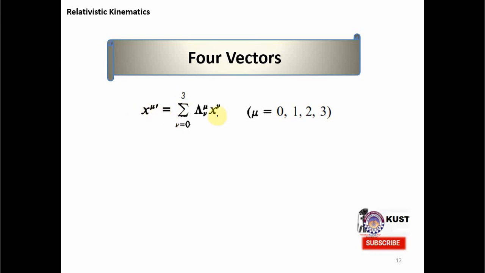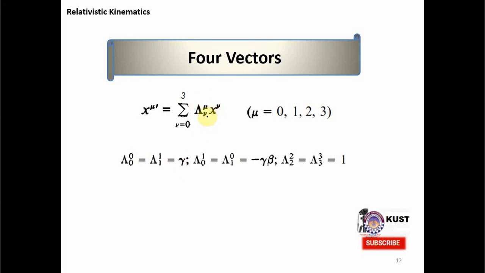So x mu prime is equal to lambda mu nu x nu, and these lambda matrices, the Lorentz matrices, are constructed out of these 4 equations and their values. If you look at them, lambda 0 0, when nu is 0 and mu is 0, was equal to gamma, if you remember.